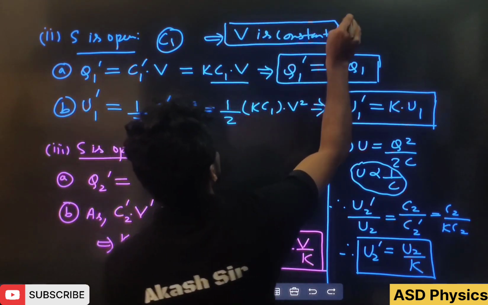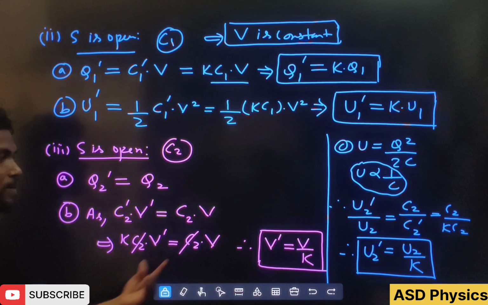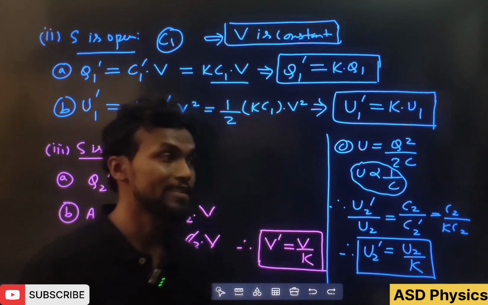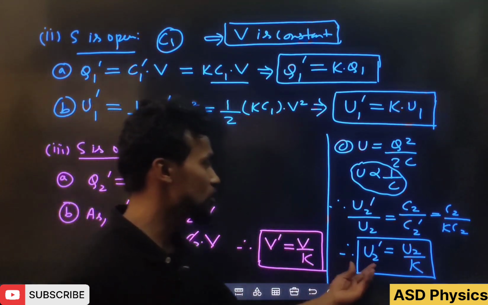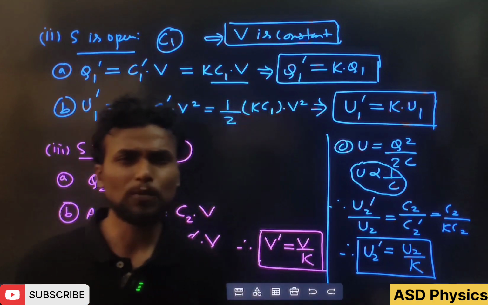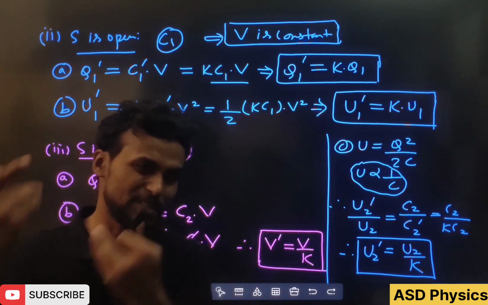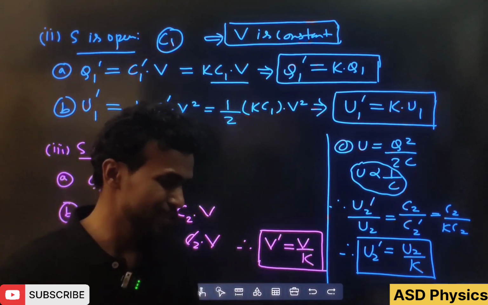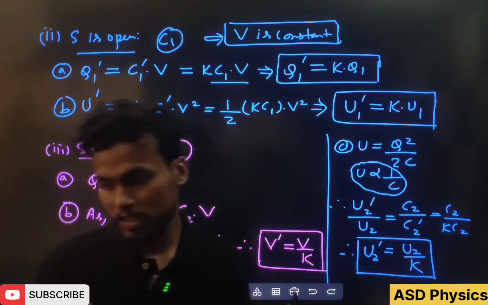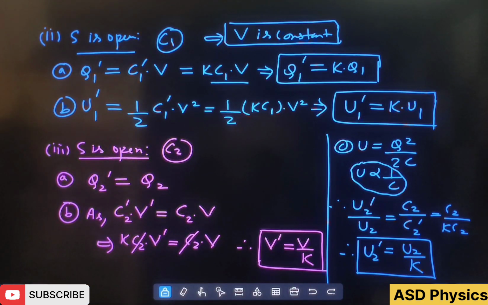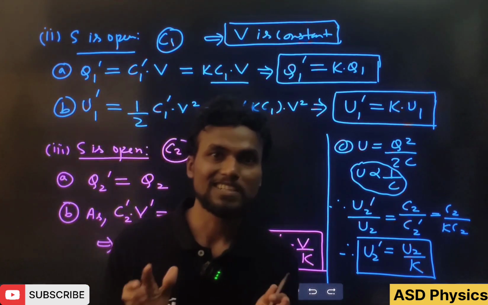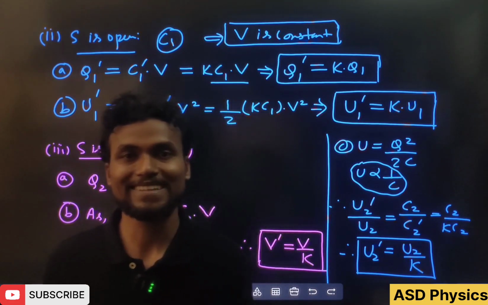The potential will not change. But for capacitor C2, the potential will change because the battery is disconnected, so V by K. And the energy is U2 by K. So depending upon this, if anything you are asked, such as percentage loss of energy, potential, charge and all, you can see very well. Okay, students, I hope all these things you have understood very well. Keep studying, keep growing.